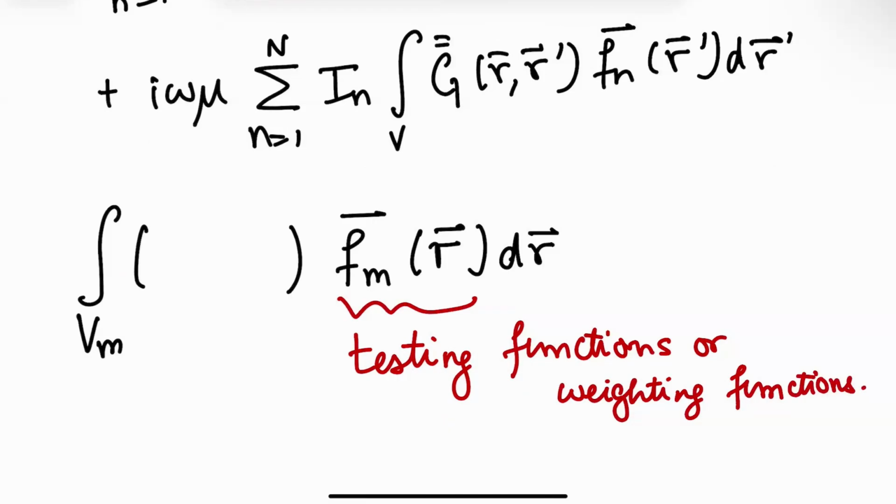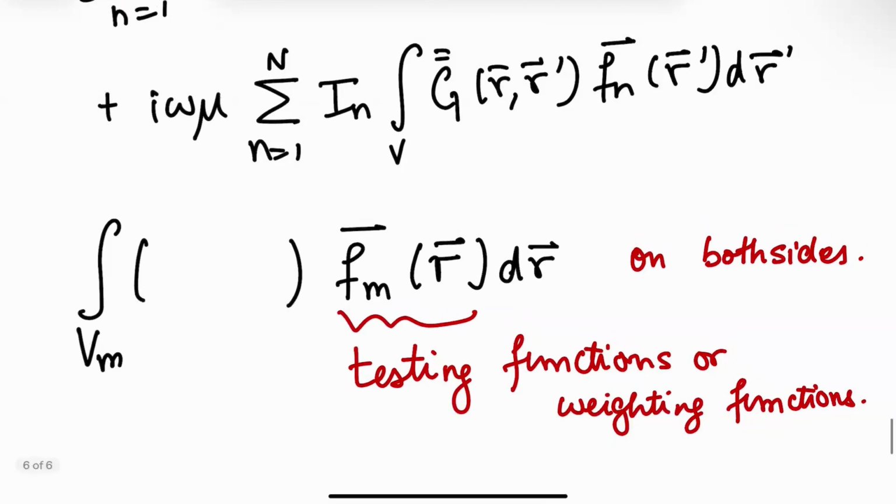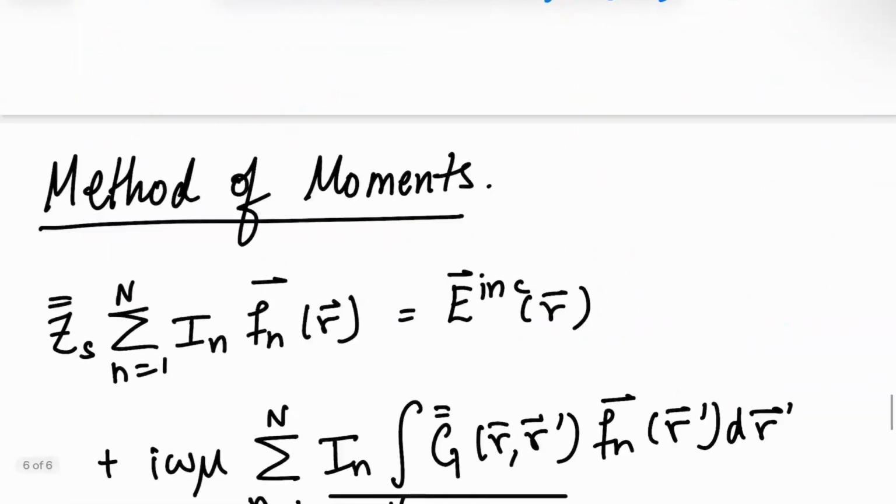And there are, of course, n testing functions, and we want to do this average on both sides. Now, if this testing function was a delta function, then we go back to our previous case, which is this one.